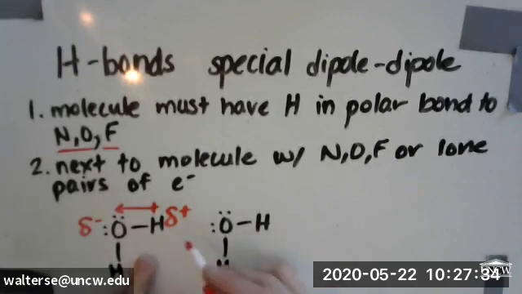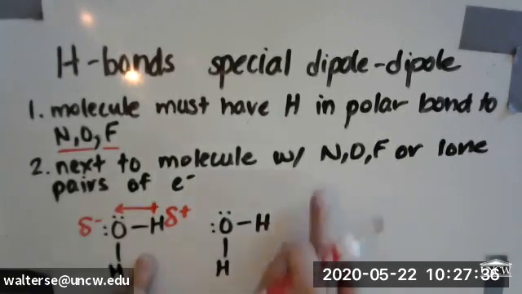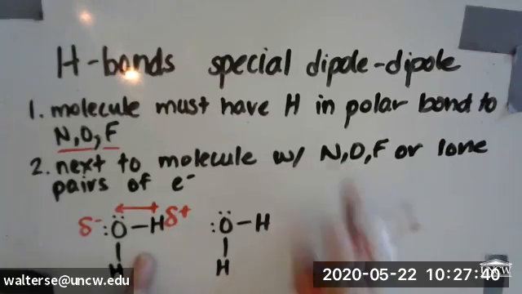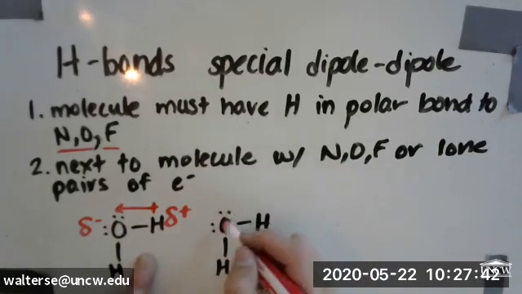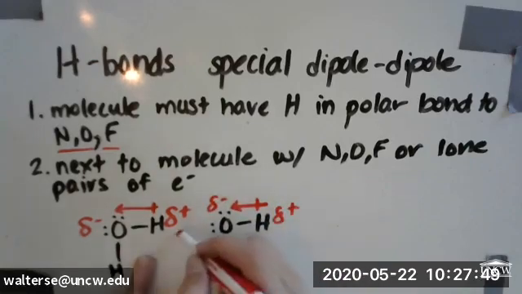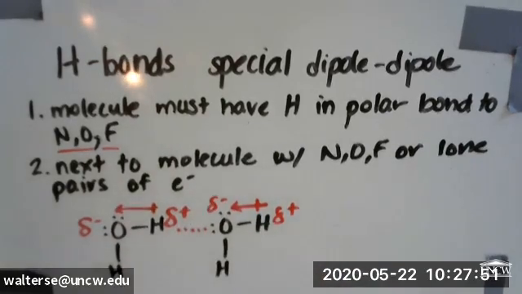Then you say, is it next to a molecule with nitrogen, oxygen, or fluorine, or lone pairs? And in this case, it has an oxygen which has lone pairs. So now this interaction is strong enough to be called the hydrogen bond.